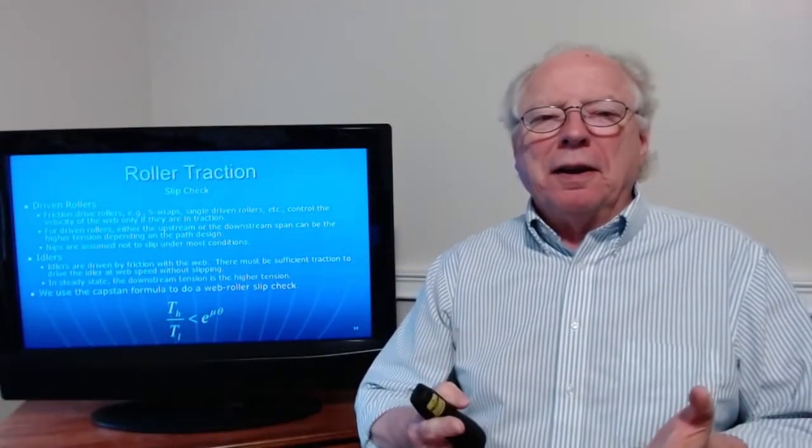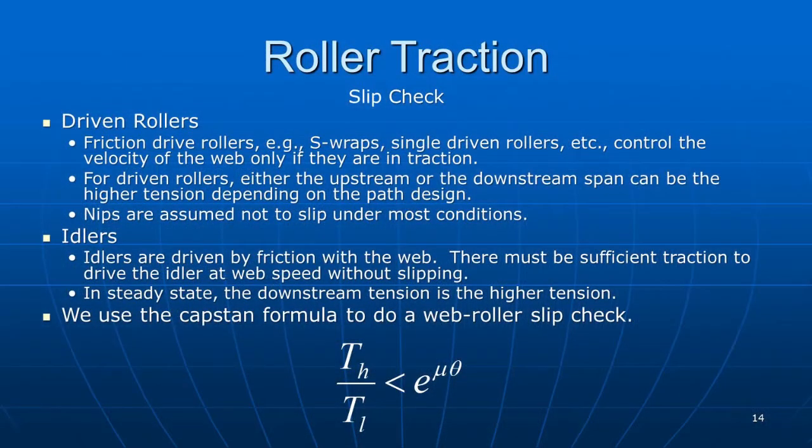As I said earlier, the Capstan formula is used to do a slip check. On driven rollers, which would include friction drive rollers like S-wrap, single driven rollers, etc., you're controlling the velocity of the web, and this is only if they're in traction. For driven rollers, either the upstream or the downstream span can be the high tension.